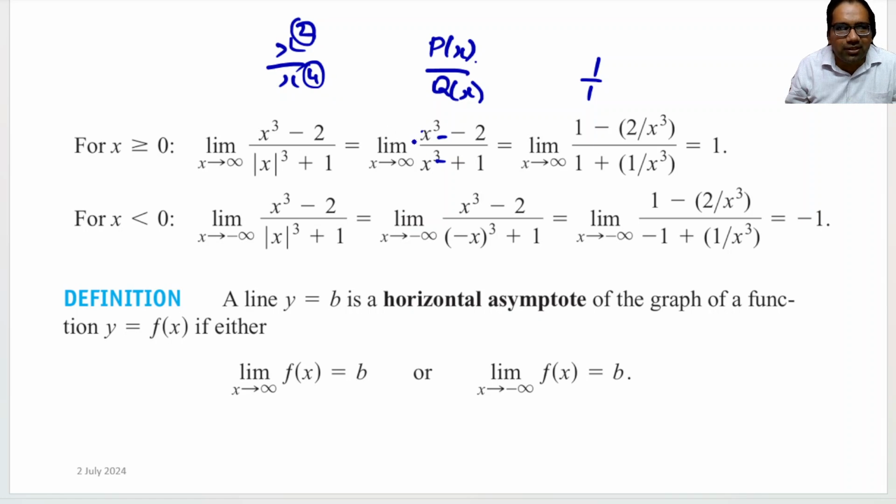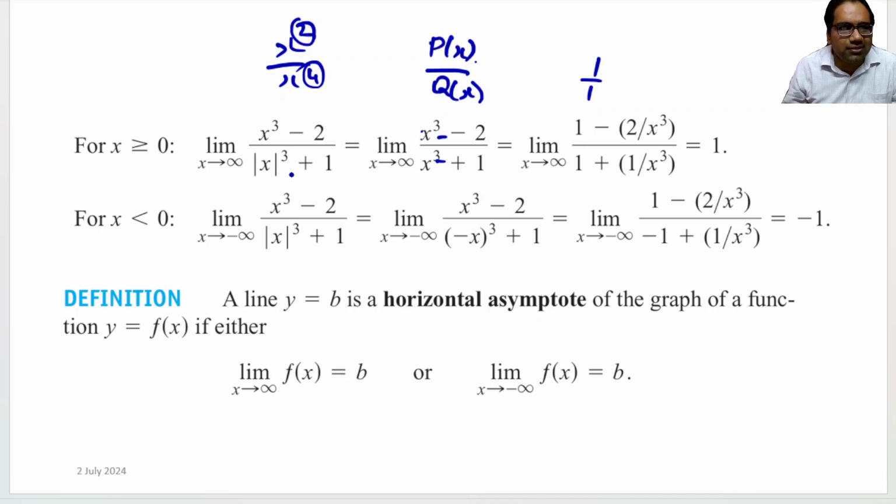When both the powers are equal, then the ratio of the coefficients of the highest powers is the asymptote. When the highest power of the denominator is higher than the highest power of the numerator, then the x-axis is an asymptote.